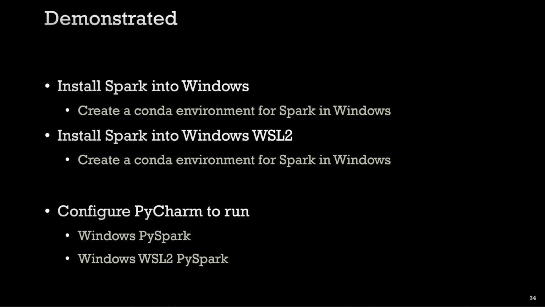I also configured PyCharm to point to a Windows interpreter and also a WSL2 interpreter. So now you should be able to run your applications in PyCharm in either Linux or in Windows, and you could also run them in the regular terminal in Windows, although I wouldn't bother with that. All right, so I hope it works for you. Good luck.